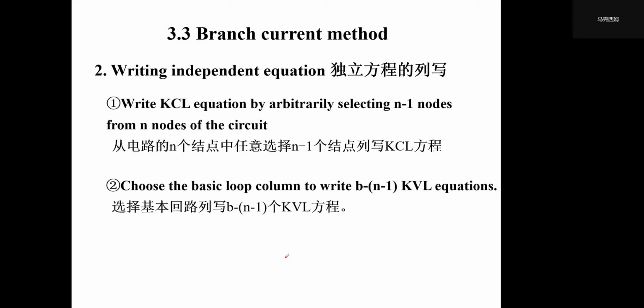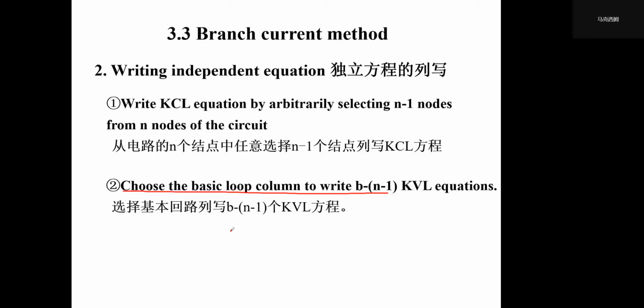And the second step is to write the KVL equations. We know that the number of independent KVL equations is B minus (n minus 1). So we have to choose the basic loops to write these equations. To do that, we could list all the nodes and make a tree.